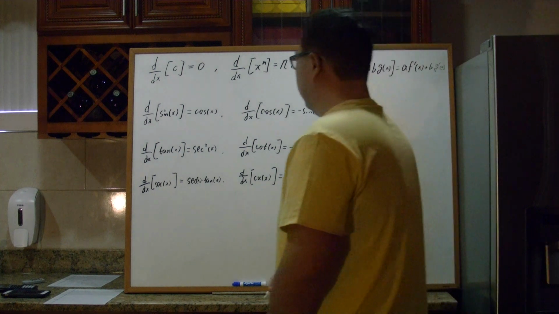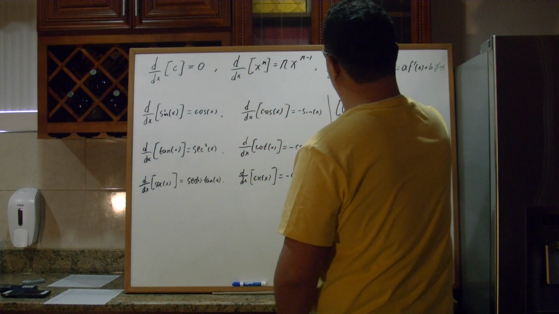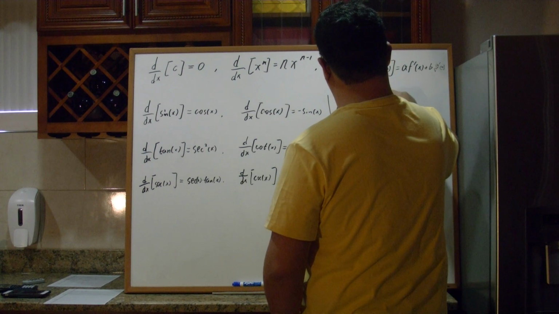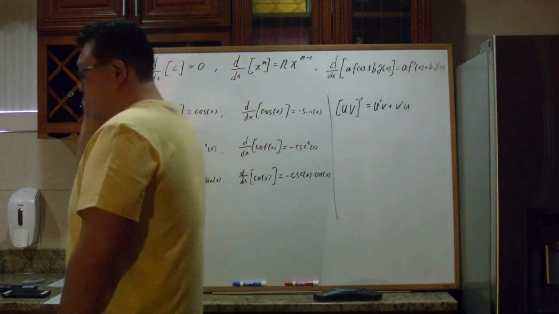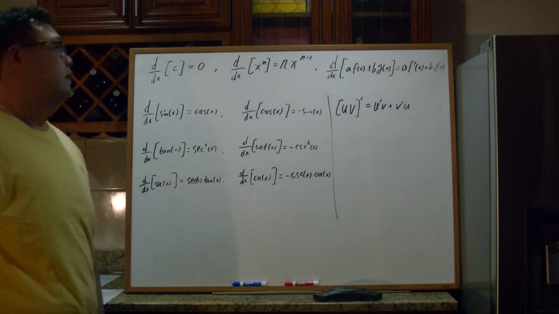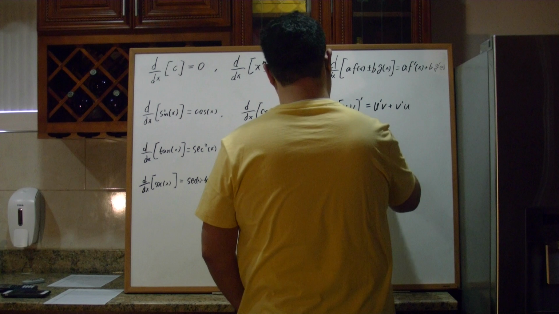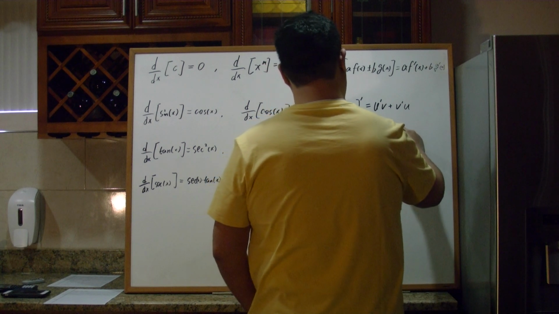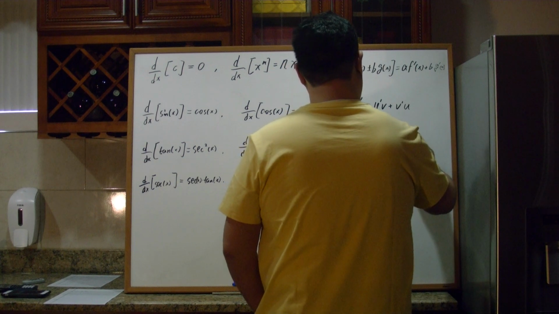Then we also have the product rule: the derivative of the product u times v is u prime v plus v prime u for the first derivative. And the quotient rule is similar to the product rule, minus v prime u, over the square of v.